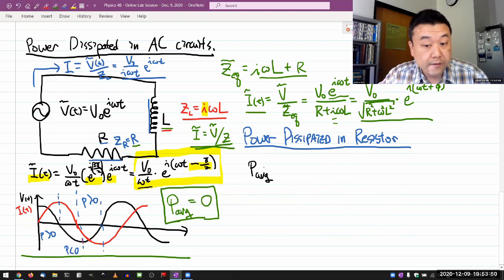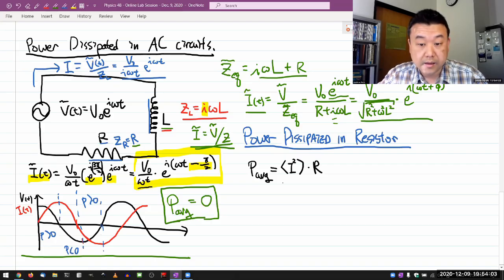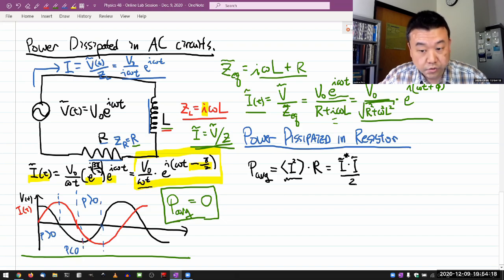That average power is going to be the average of the current squared times the resistance, because this is constant. And with the complex exponentials here, this can be written in a very simple way. That's simply the complex conjugate times the complex function itself divided by 2. That's what gives you the time average.